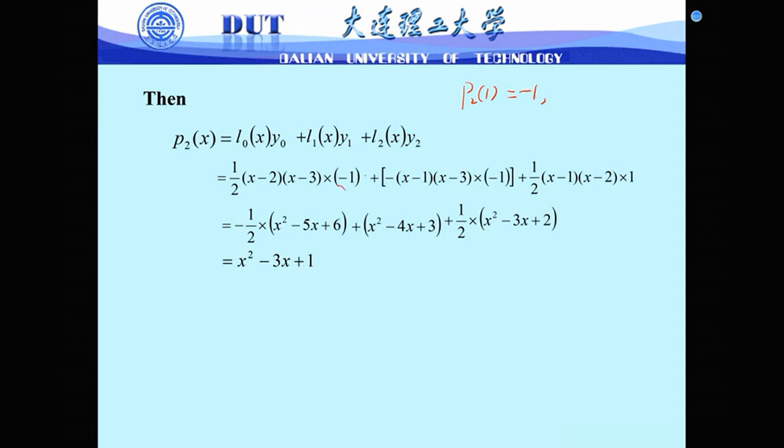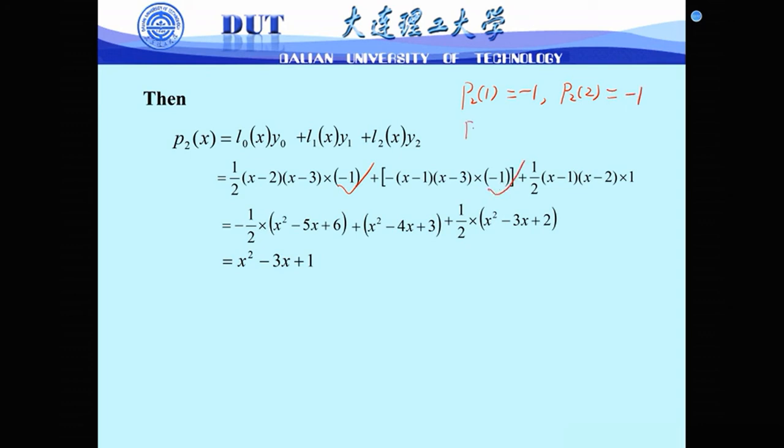It's okay? Satisfy y0. And if we check P2 at 2, which is x1: 2 squared is 4, minus 6 is minus 2, plus 1. Minus 1 again, right? It's okay. Check the function value.